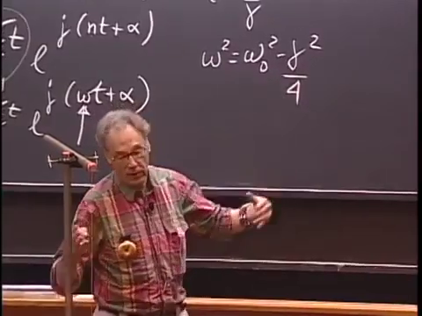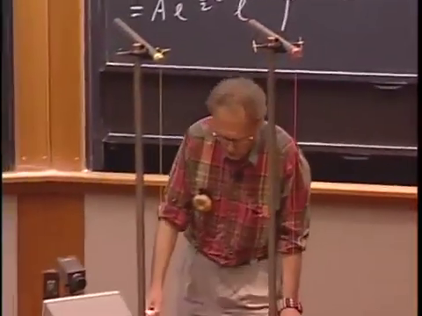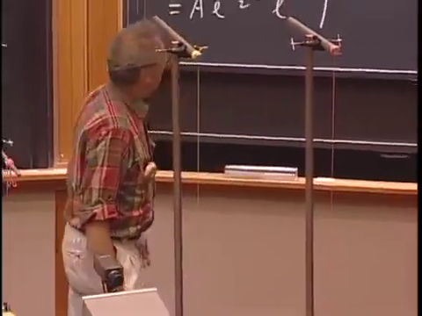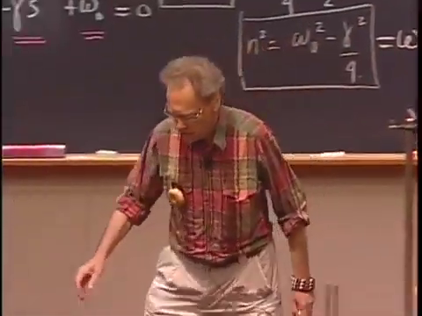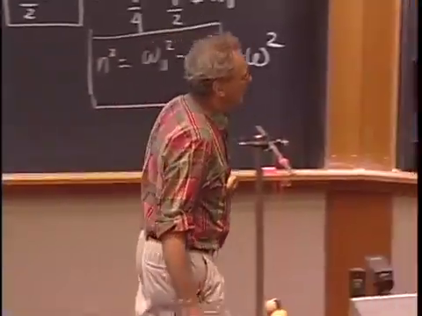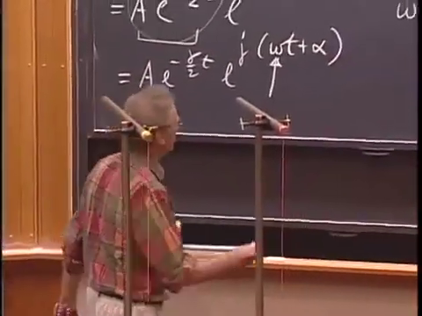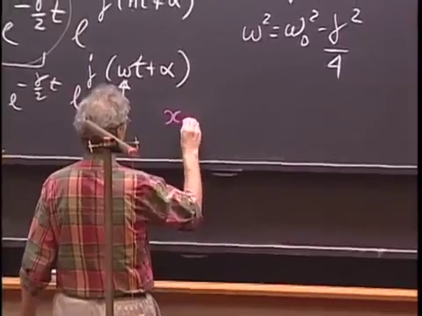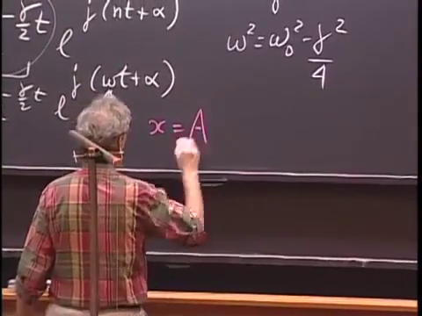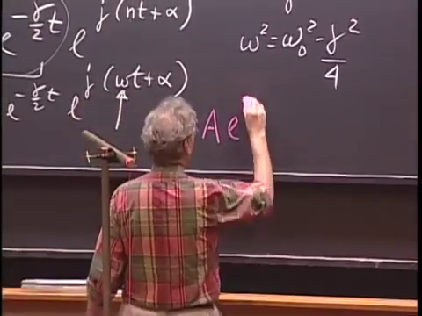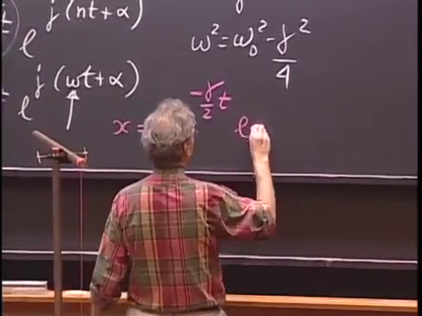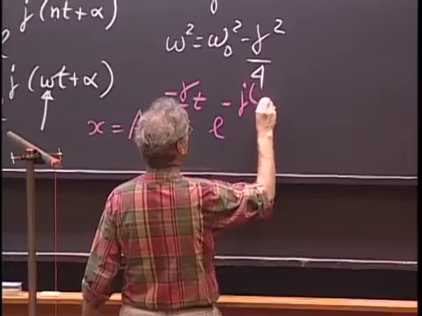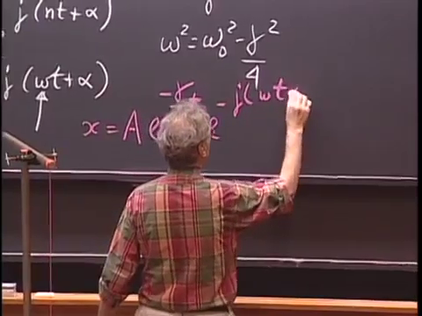If you have very little friction, well, then they will be very closely the same. And so we can now write down in all its glory the real part of this function, which then becomes x equals some amplitude A times e to the minus gamma over 2 times t times e to the minus j times omega t plus alpha.